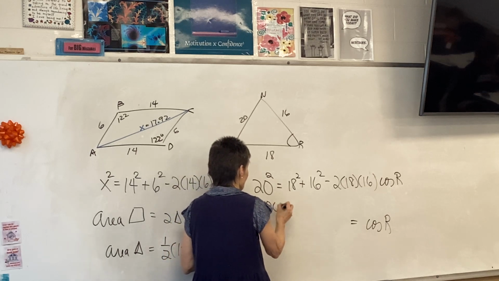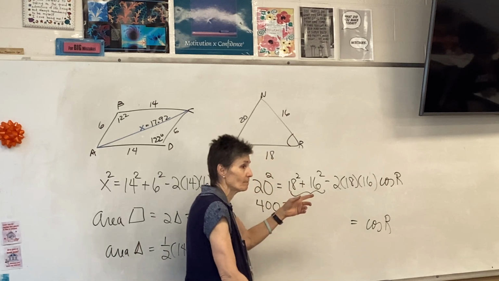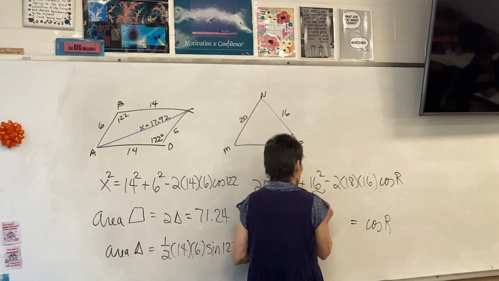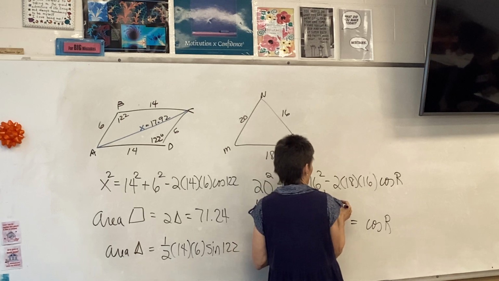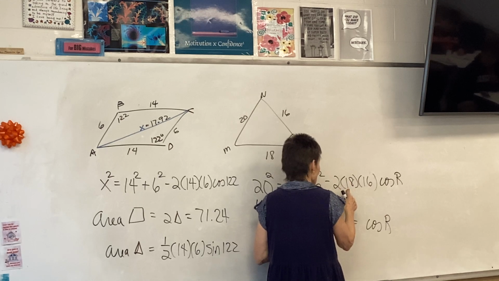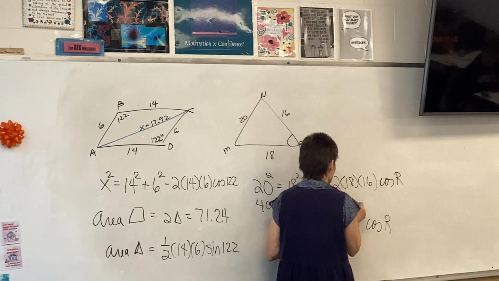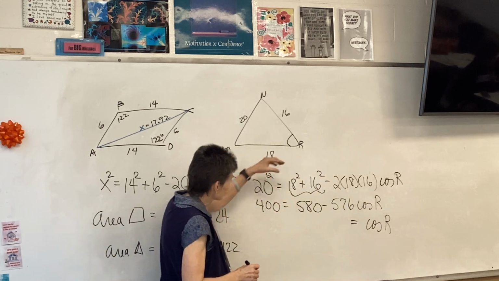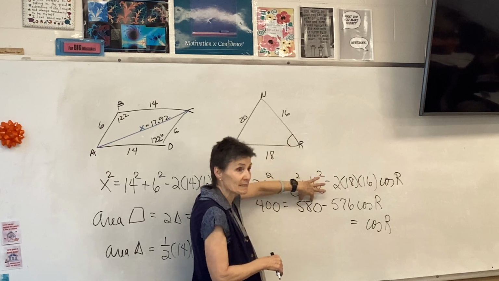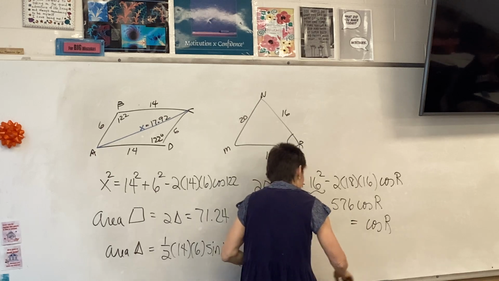How you do this is up to you, but here's what I would suggest. Add 18 squared plus 16 squared, which is 580. Then multiply 2 times 18 times 16, which is 576.